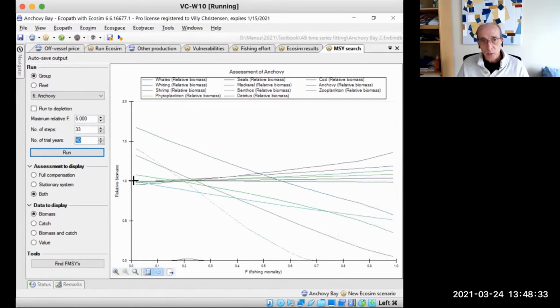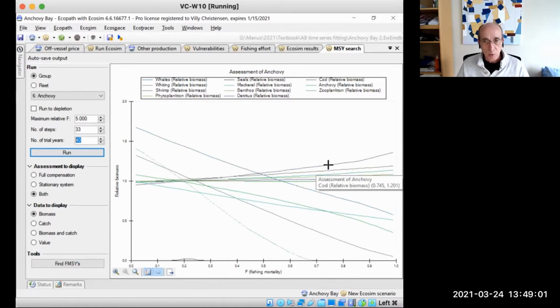So why isn't anchovy so much impacted? Well, part of the reason is that as you fish them harder, it has a strong impact on their main predators. So it's whales and whiting that are suffering quite a lot from this. And the model takes this into consideration. Well, it's a food web model, it's an ecosystem model, so that's why it's doing this.